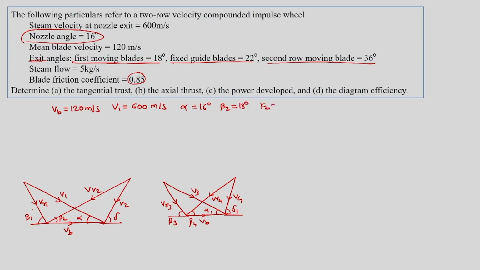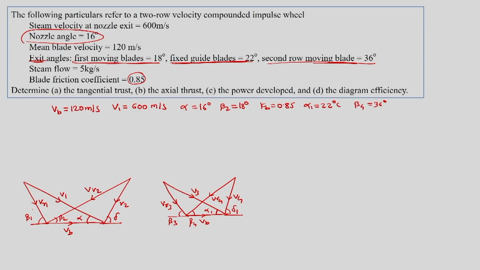Then friction factor KB is 0.85, and we are told that alpha 1 is 22 degrees, the exit angle for the first guide blades. And for the second moving blades, beta 4 is 36 degrees. Knowing this, we should proceed with this example.